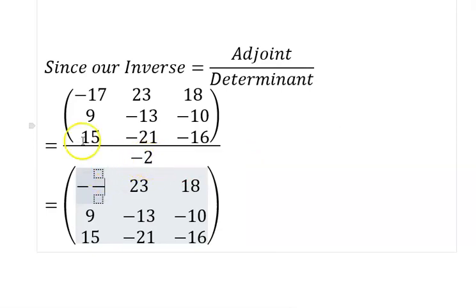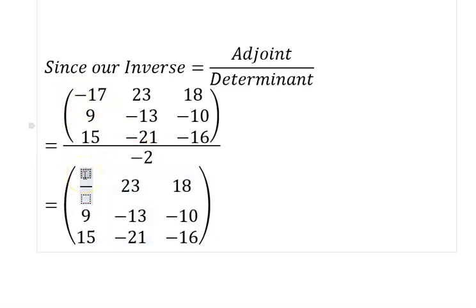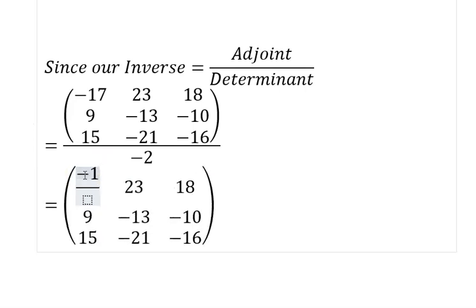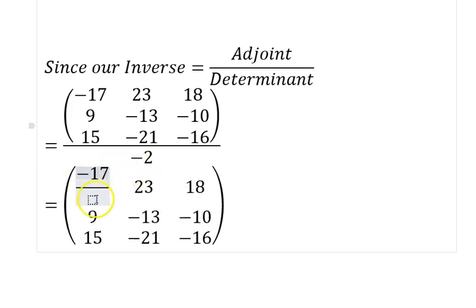So we say minus 17 divided by minus 2, because we are using minus 2 to divide everything. Minus 17 divided by minus 2.